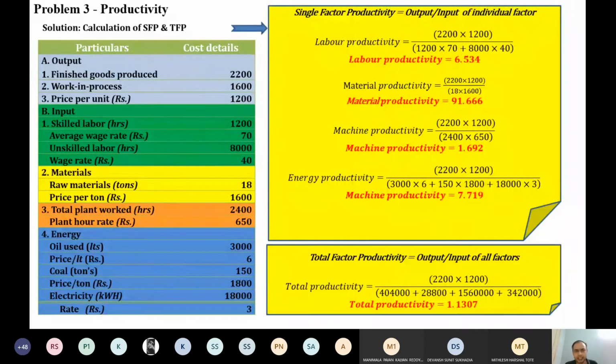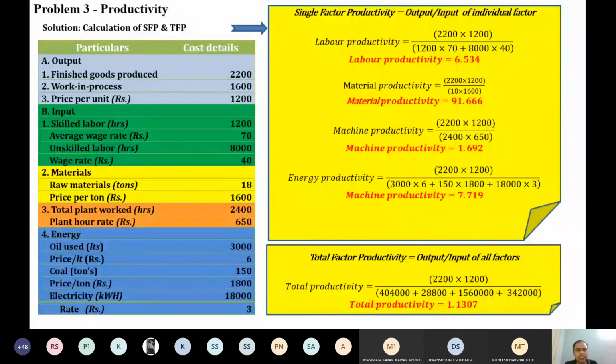But in this case, they have given the finished goods produced as 2200 numbers and only the price per unit. They didn't mention what percentage of the price per unit should be considered for work in progress. I think I'm confusing you a bit, but if you listen carefully, you can understand. The complete price of one finished good is 1200. If you want to consider work in process for 1600 items, they should say what percentage of this original price to consider.